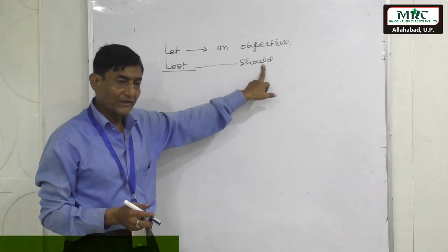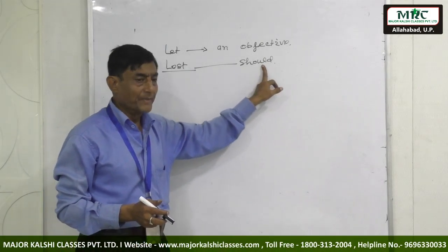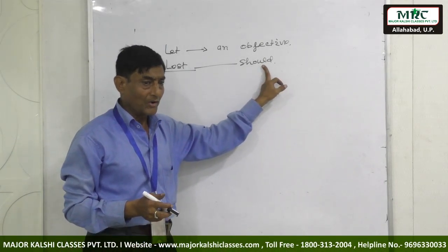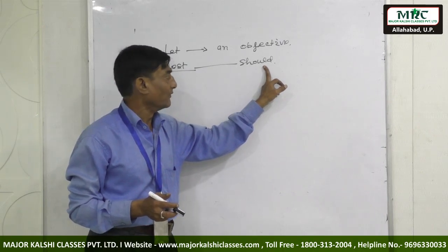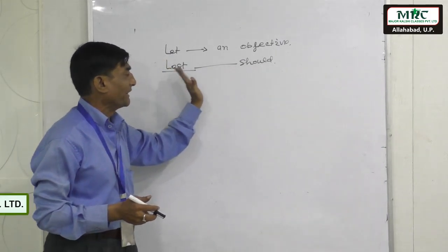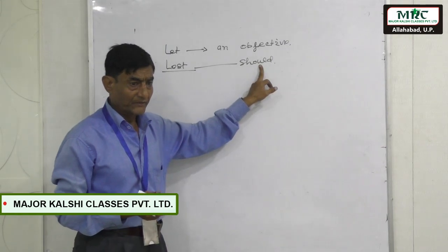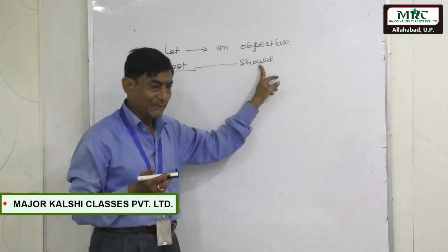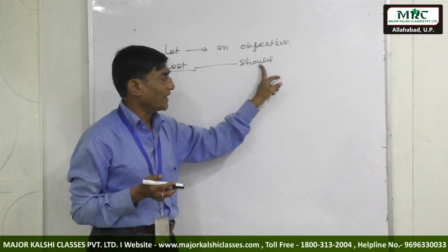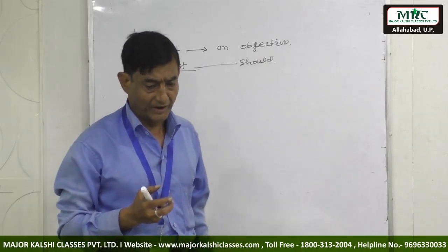Mostly the word should is substituted by may, and the students should not be confused because there is only one modal that comes with lest, and that is should. If the students get any other modal or other helping verb, that's a wrong application of the rule.